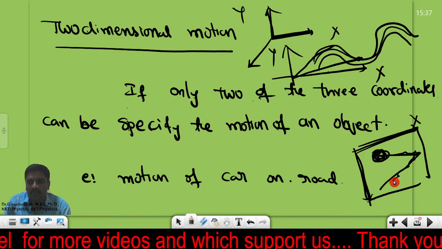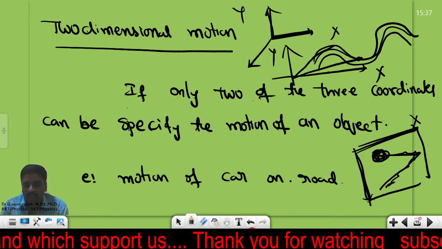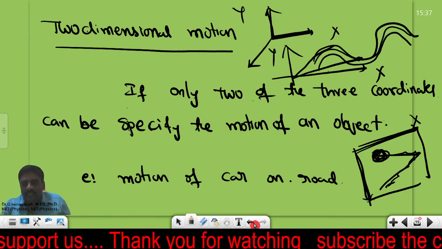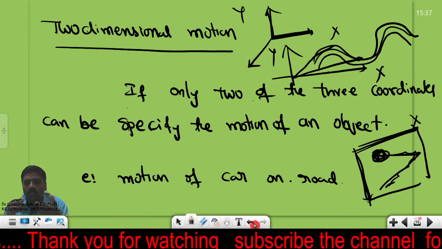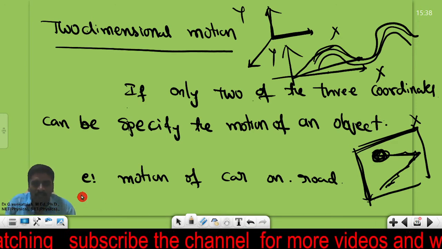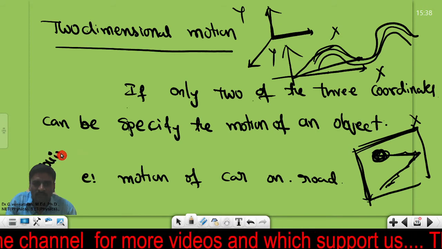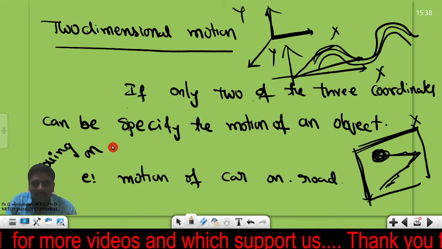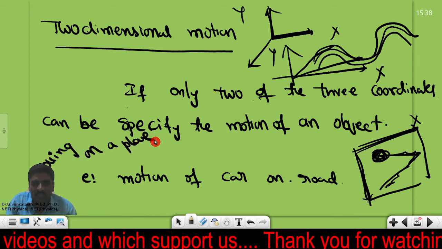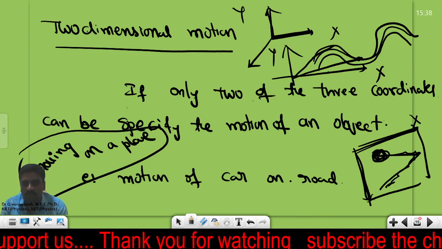The striker and coins can move on this board, so they have two-dimensional motion. That means if an object is moving in a plane, not in a straight line, that type of motion is called two-dimensional motion.